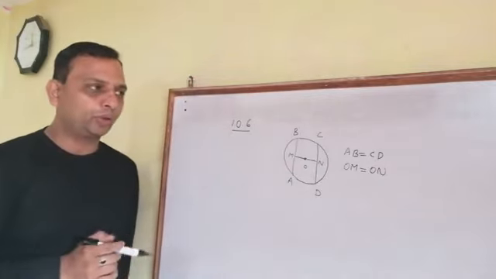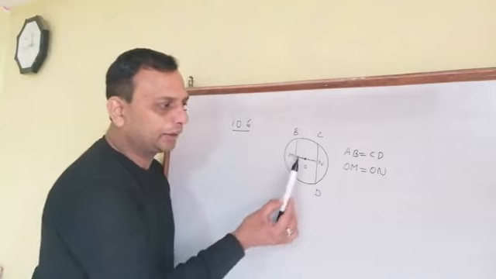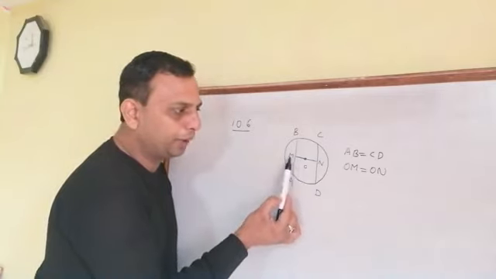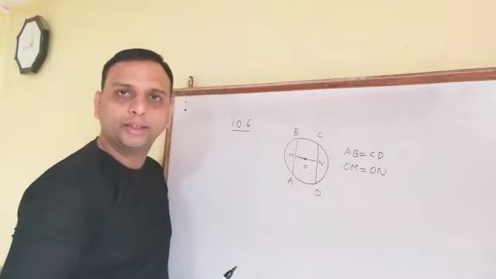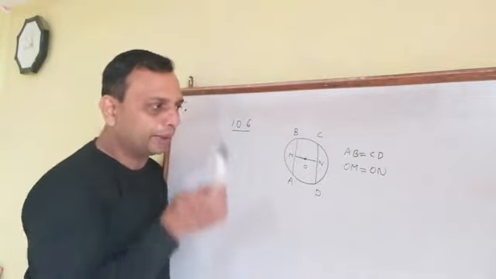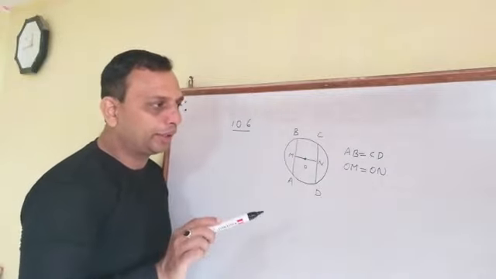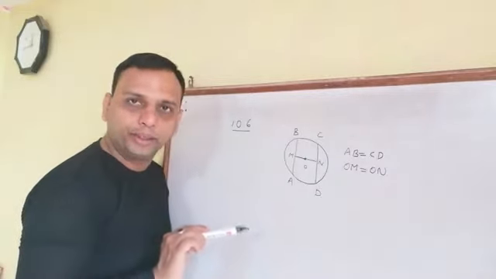Means if the chords are equal, then their distance from the center, O to M and O to N, will be equal. So this is the 10.6 theorem.